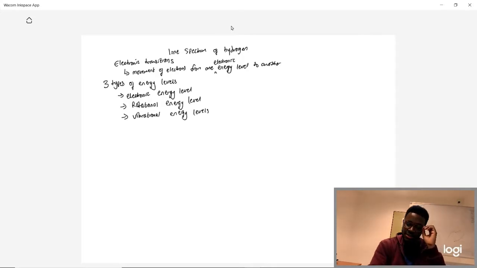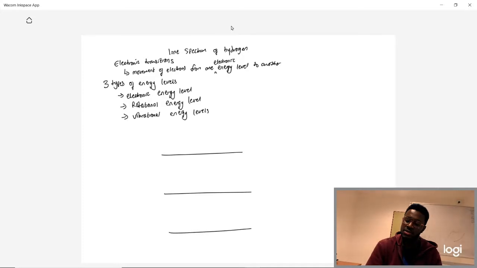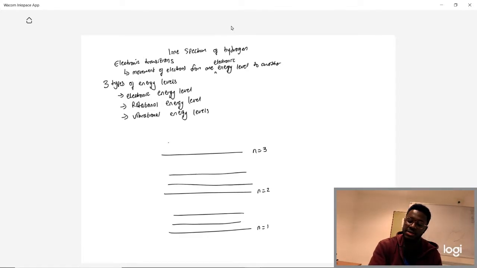So you can imagine an atom having energy levels like this. This is n equal to 1, right? Your normal electronic energy levels. Then in between your electronic energy levels, you're going to have rotational energy levels, or whichever one is next. And then in between, you're going to have even smaller ones.